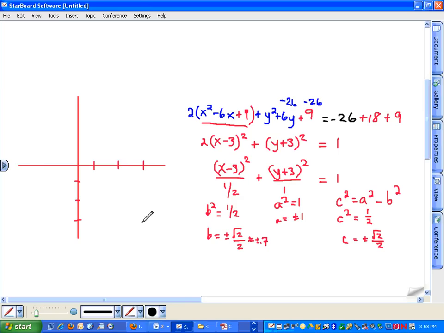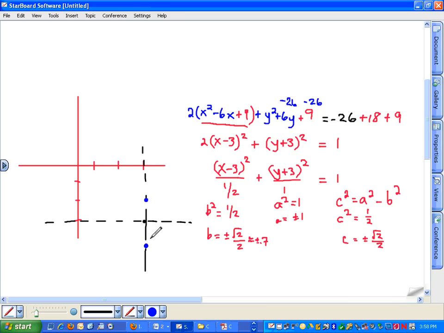So if we shift the origin to the right 3 and down 3, and imagine this as our new origin. The values of a, plus or minus 1, are vertical, so from our new origin we're going to go up 1 and down 1.